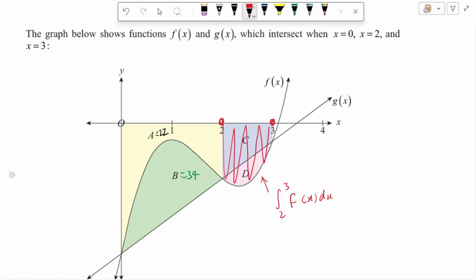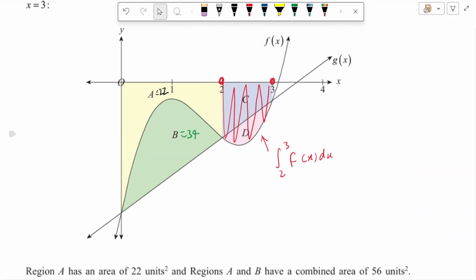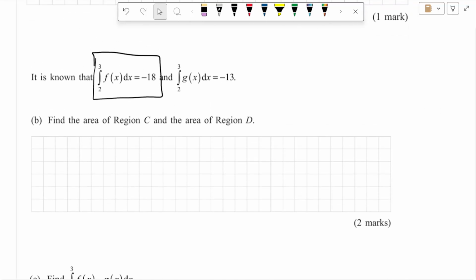Technically, yeah, well, the negative area is. So we could say that integral from 2 to 3 of f of x is negative of c plus d. That integral there they've given us. So negative 18 is the answer. So we can get rid of the negatives. 18 is just c plus d, like that.